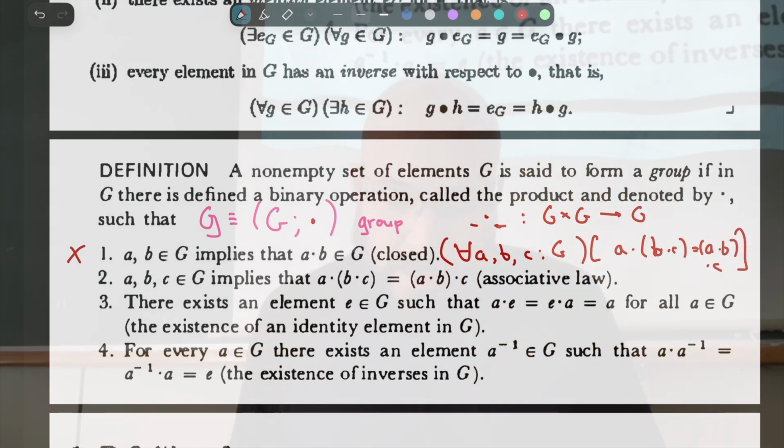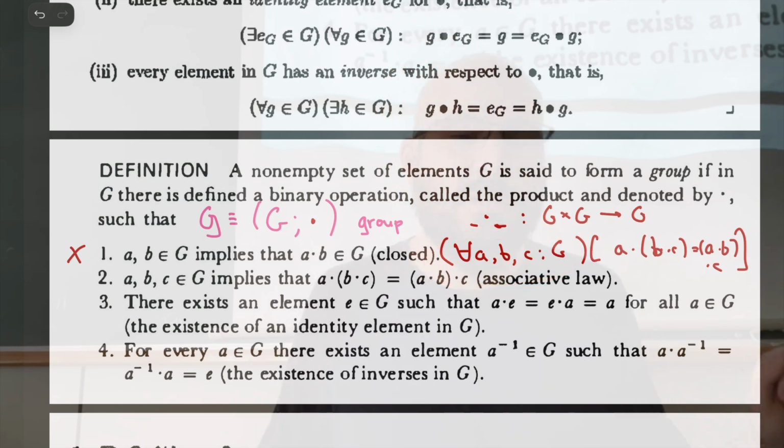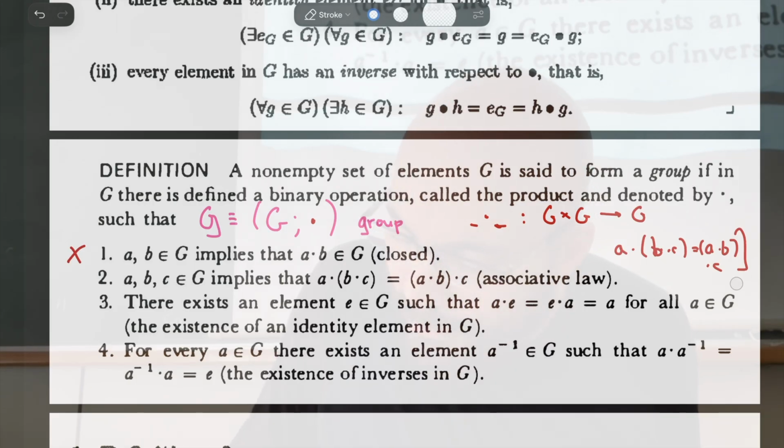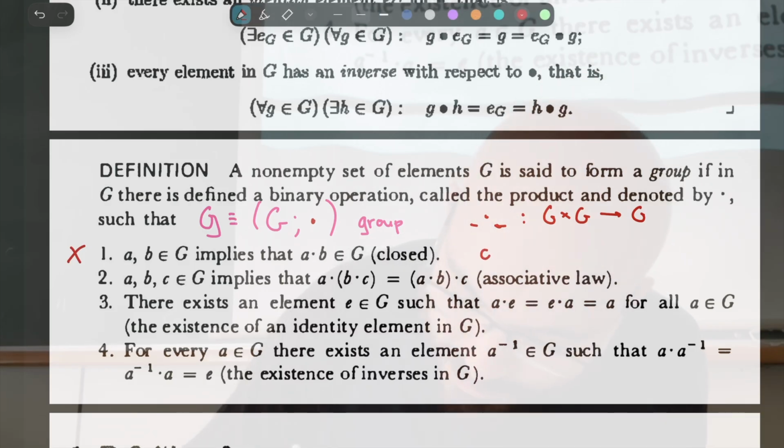It looks like an implication while it's not. I will call them equations, even though technically they are not, because they have this for all. But if it's just a for all and then an equation, we want to write it like that only. I will abuse the name and just call it an equation, because this is how we would write it. I don't like this order. I prefer this.